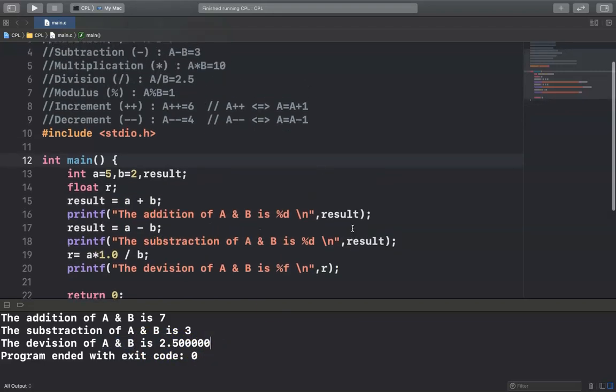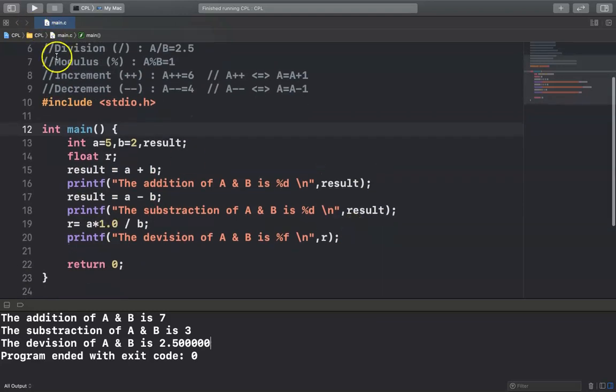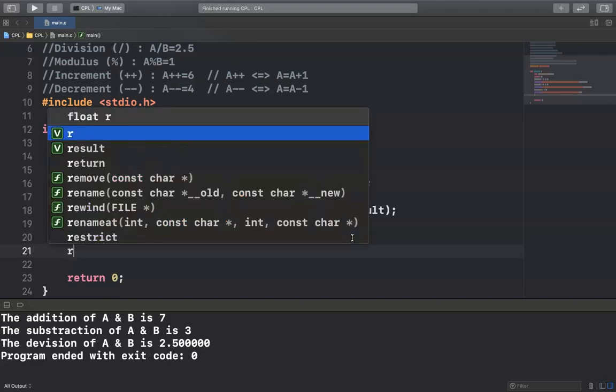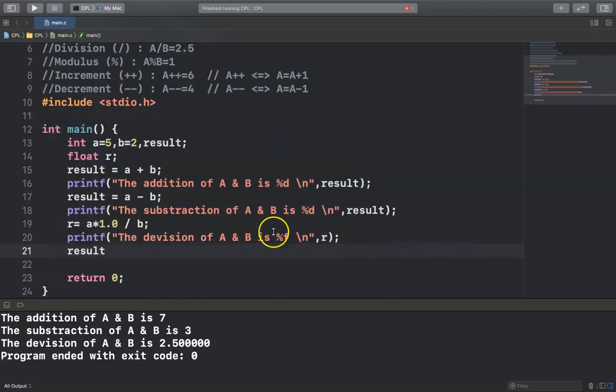And let me give you more example about modulo. The modulo here, for example, result equal to A modulo B. And then I copy the code. No, I copy this one.